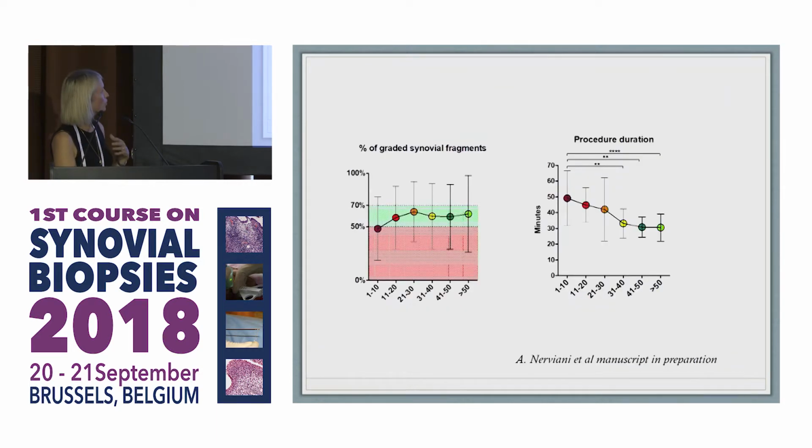But just to briefly summarise what Ali's demonstrated within our unit, it's essentially with training, the number of graded synovial tissue fragments goes up, which is good because it would be a real problem if it started going down. And also, the other thing is procedure duration goes down. And you can see the massive variation in that. So when you initially start doing ultrasound-guided biopsies, it'll take over an hour, sometimes an hour and a half to do this. But somebody who's been doing it for a while, it'll take 20 minutes in and out, very, very quick. So I'll let Lauren elaborate on this later on.